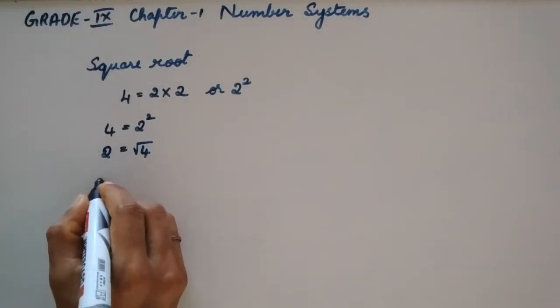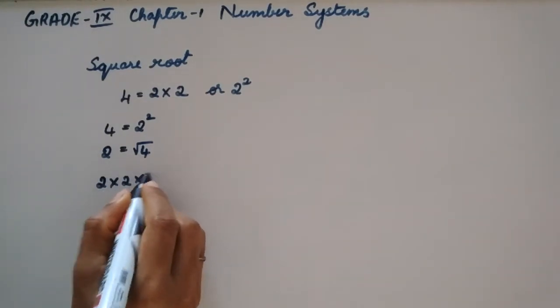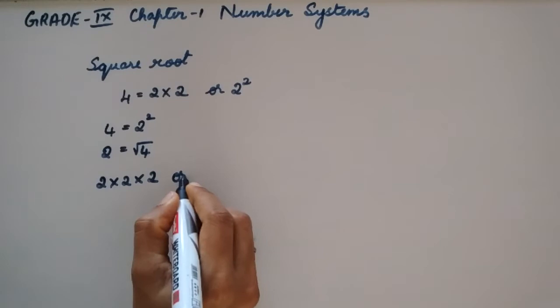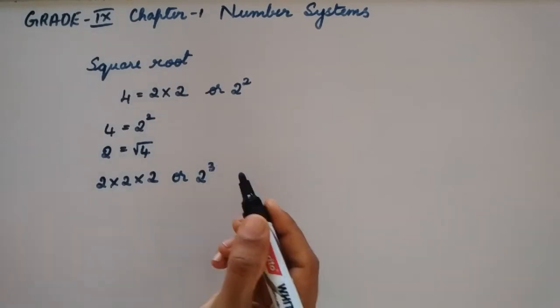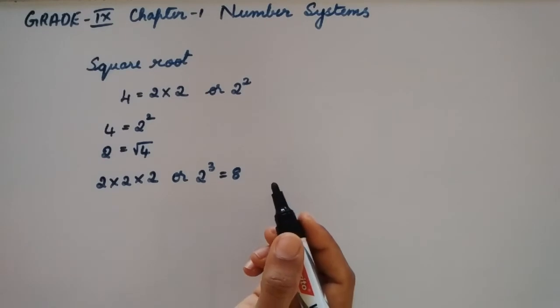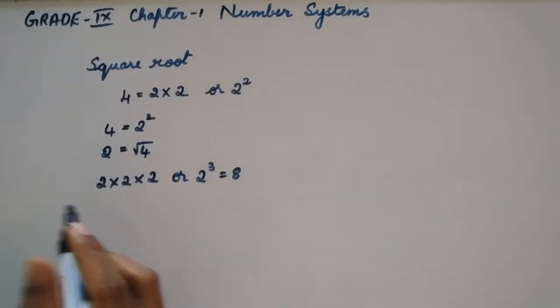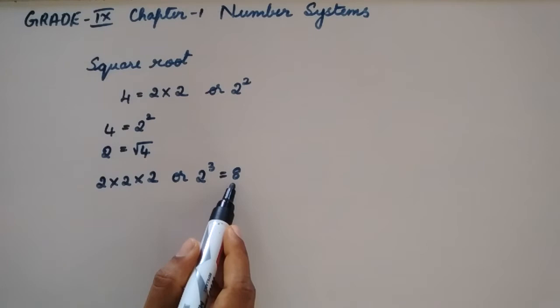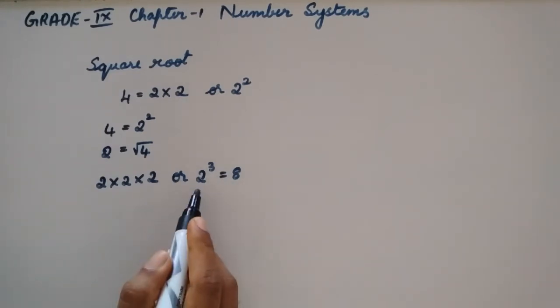What about 2 into 2 into 2, or 2 to the power 3, which is equal to 8? So here we say 8 is called the cube of 2.